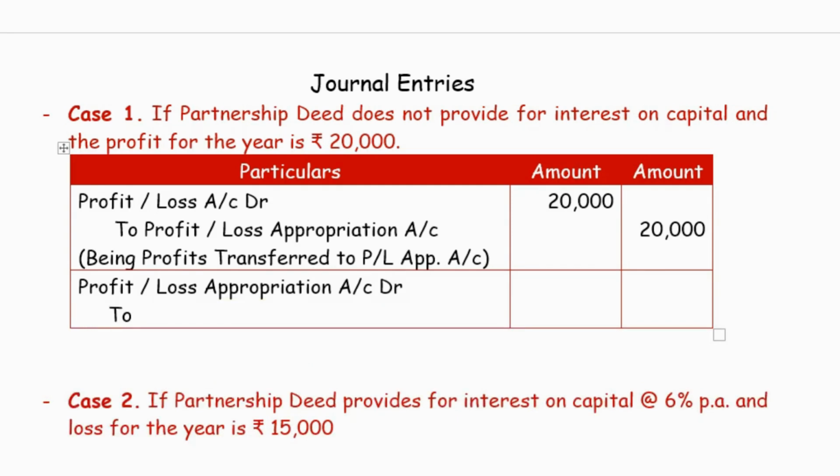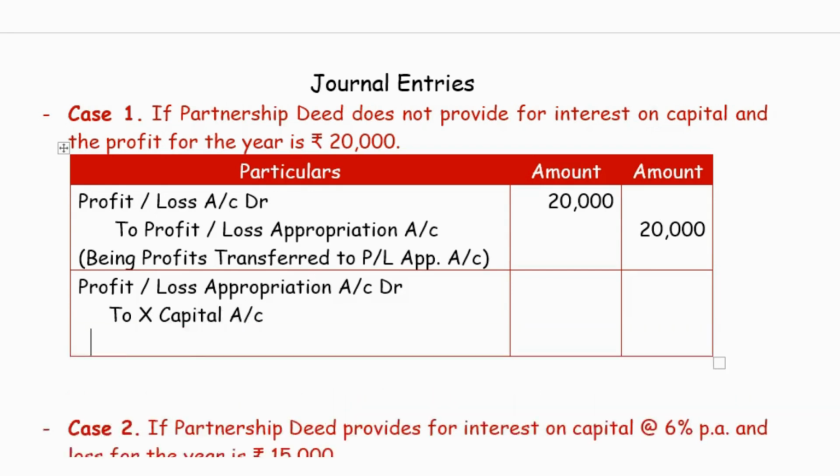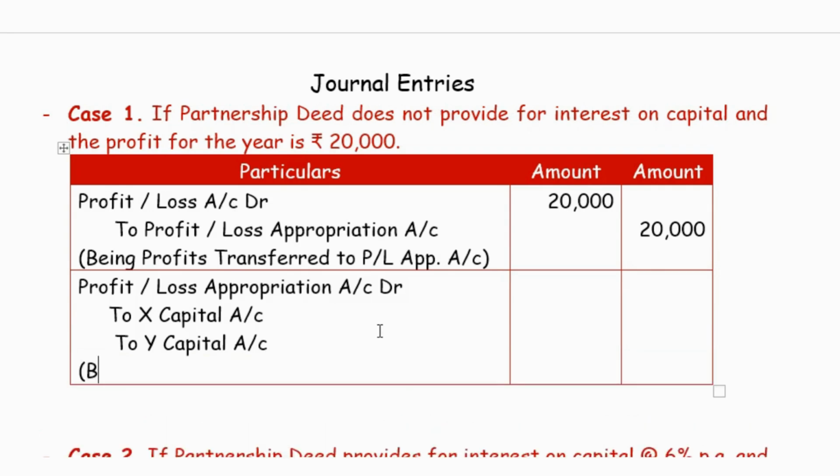Whatever the partners are entitled to get from the firm, they will get as a credit in their capital account. So X capital account and Y capital account. It is given in the question that the profits are shared in the ratio of 2:3.